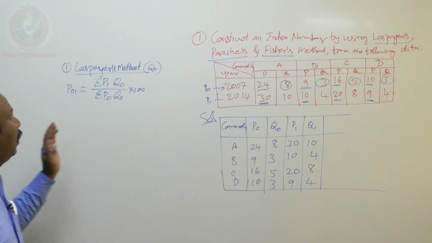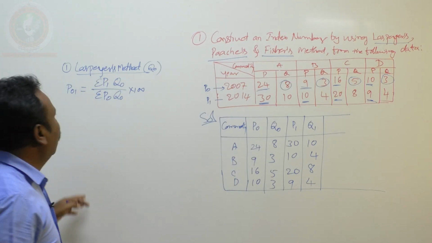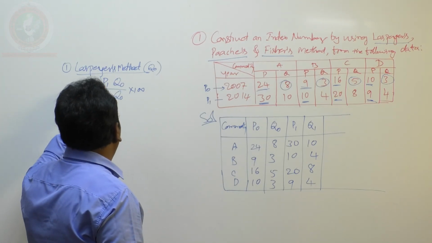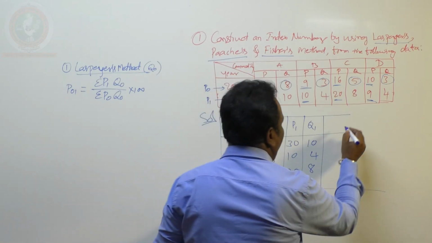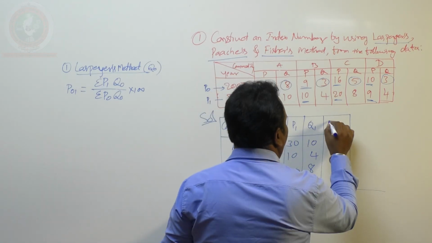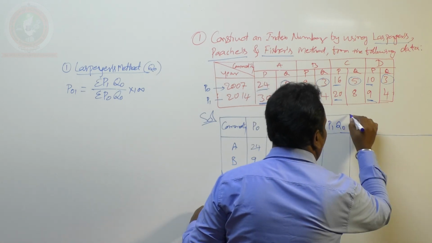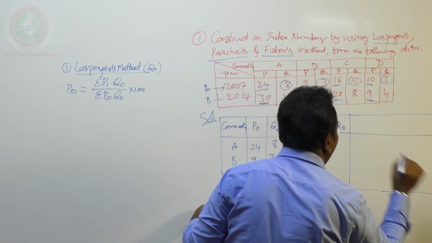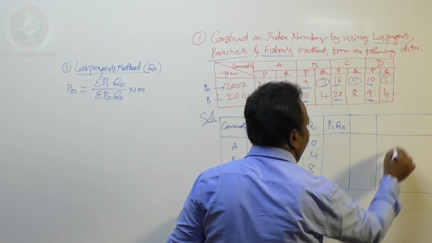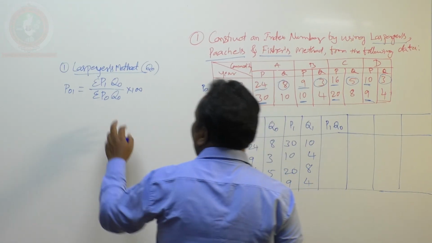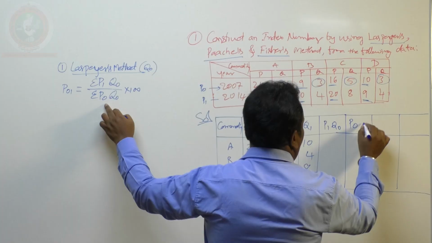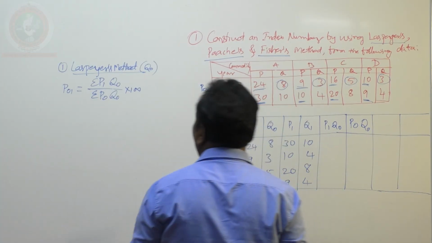That is the formula for Laspeyres' method. Now, calculate P1 Q0 first, in a separate column, and then P0 Q0.